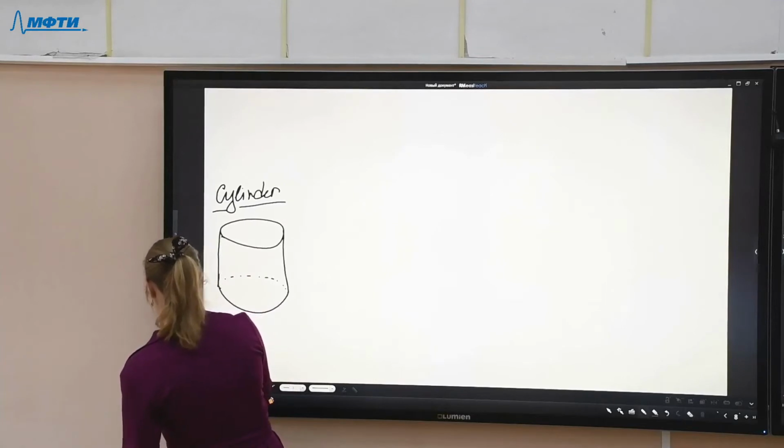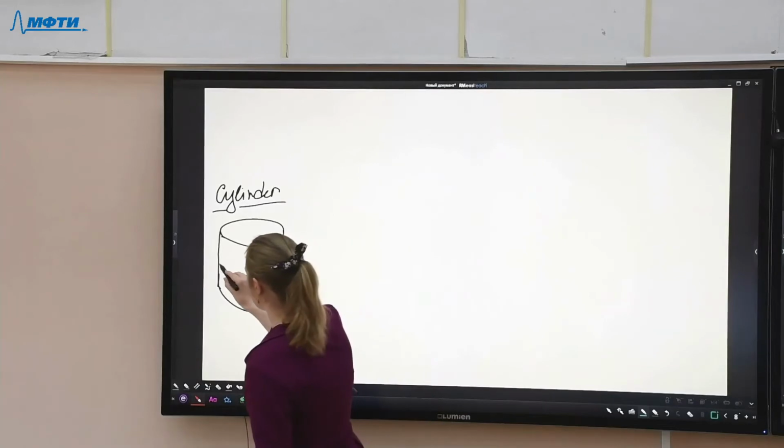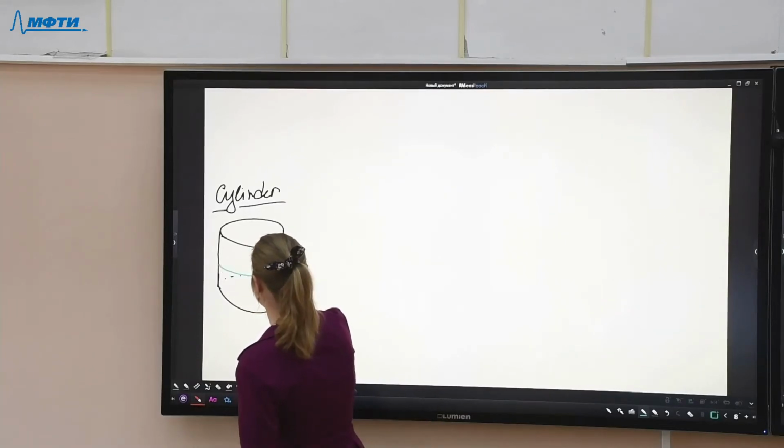And also the cross-section of this figure is also a circle, the same circle. So in this case, we are talking about a cylinder.